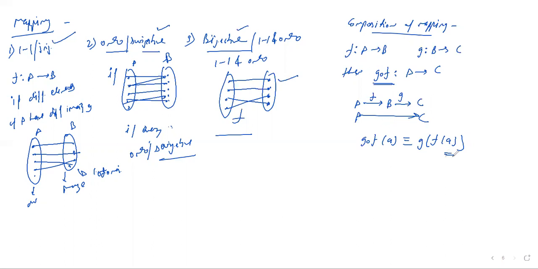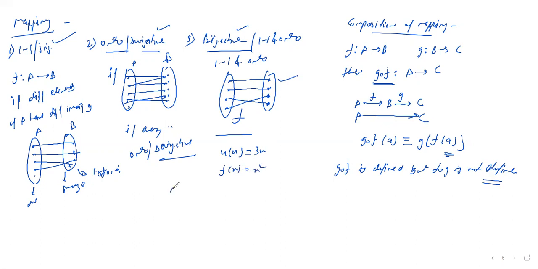But the point to note here is that if GOF is defined, it doesn't mean that FOG is also defined. It may be possible that GOF is defined, but FOG is not defined. Now let's see it by this: I have a function, let's say u(x), which is 3x, and another function f(x), which equals x square.